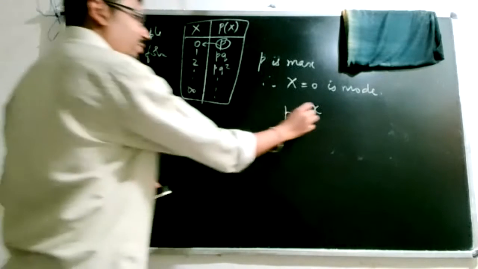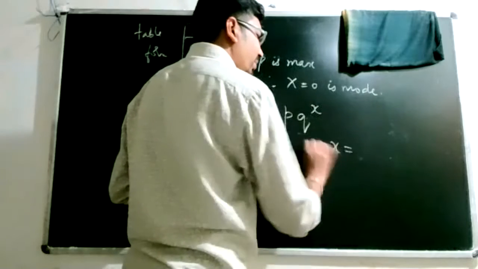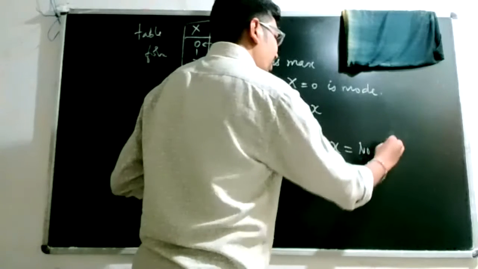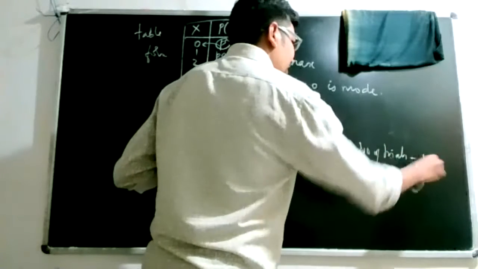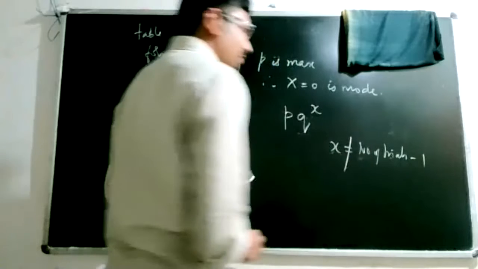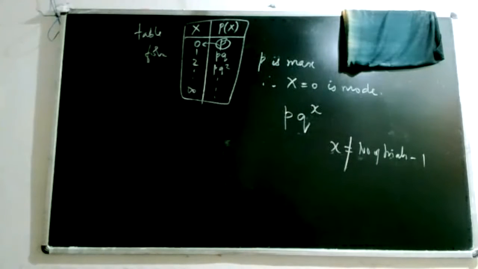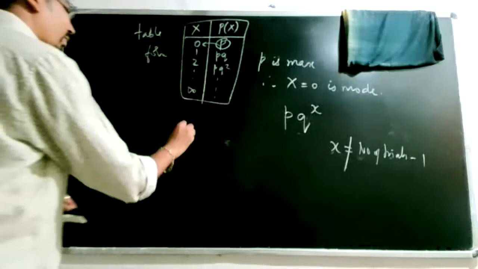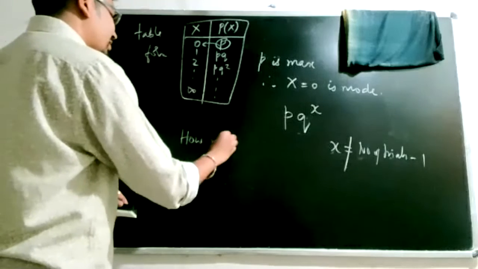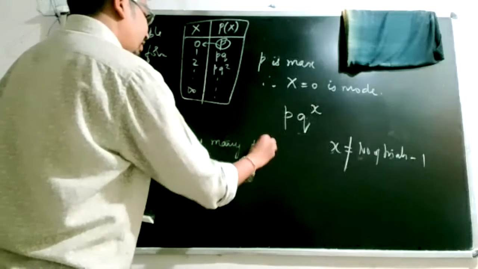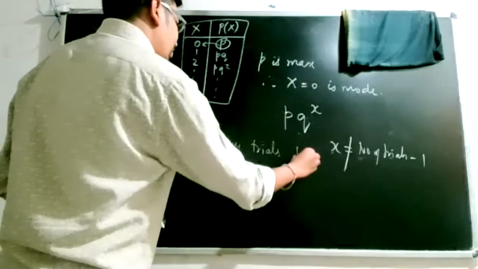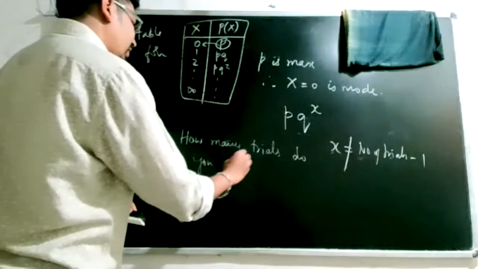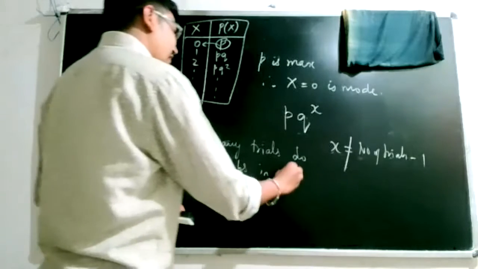But that ಸರ್ ಅವಾಗ ಎರಡು ಒಂದೇ ಅಲ್ಲ ಸರ್? Yes, that doesn't mean that x is equal to number of trials minus 1. This is not the definition. So it changes. Okay, so in the first case, if you are asking the question, how many trials do you observe in most cases?